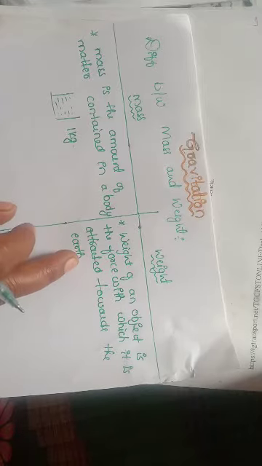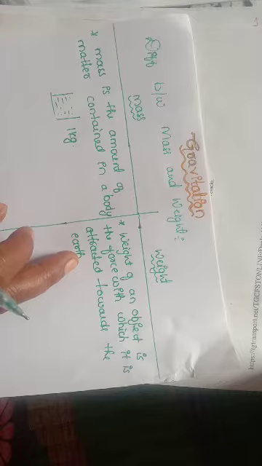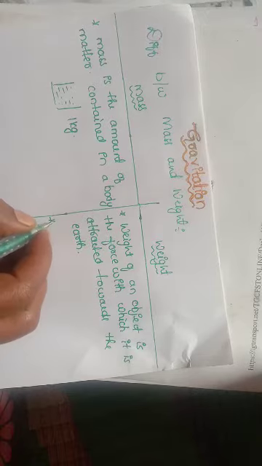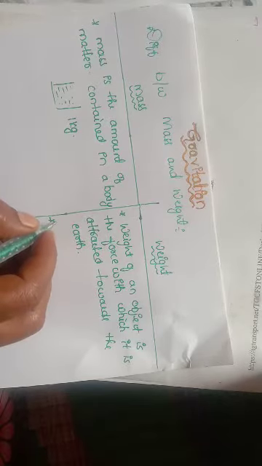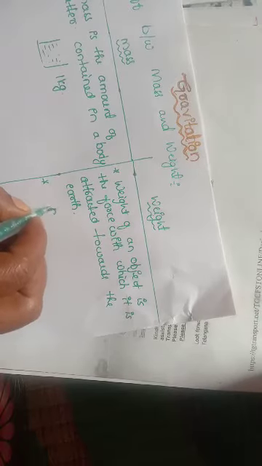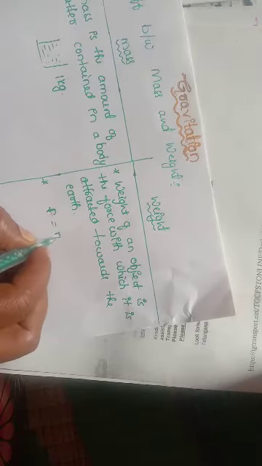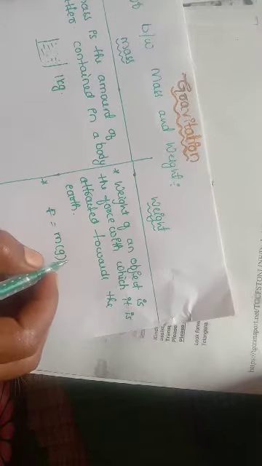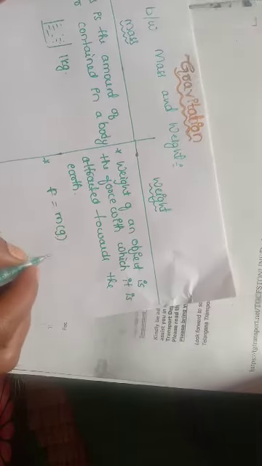So what is the formula for mass? There is no formula for mass. If you measure a particular object, how much matter it contains, that becomes the mass. But weight is nothing but a force. Force contains a certain mass, right? Mass into g, where g is the acceleration due to gravity.